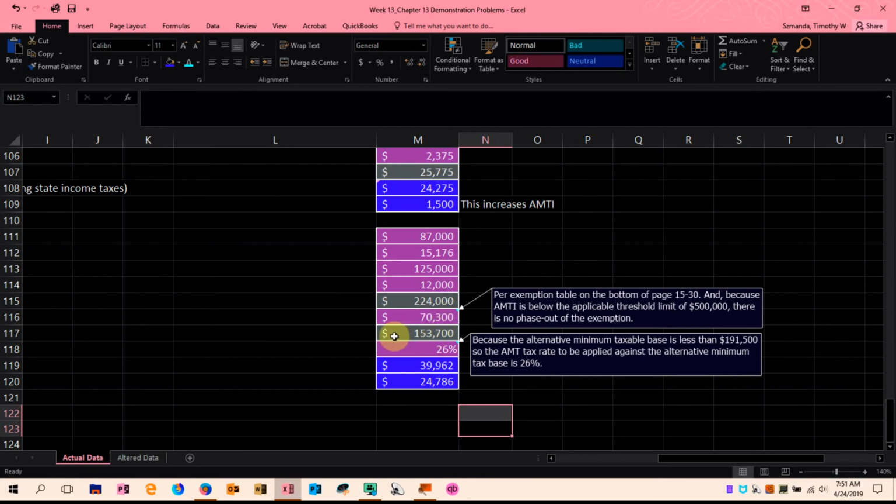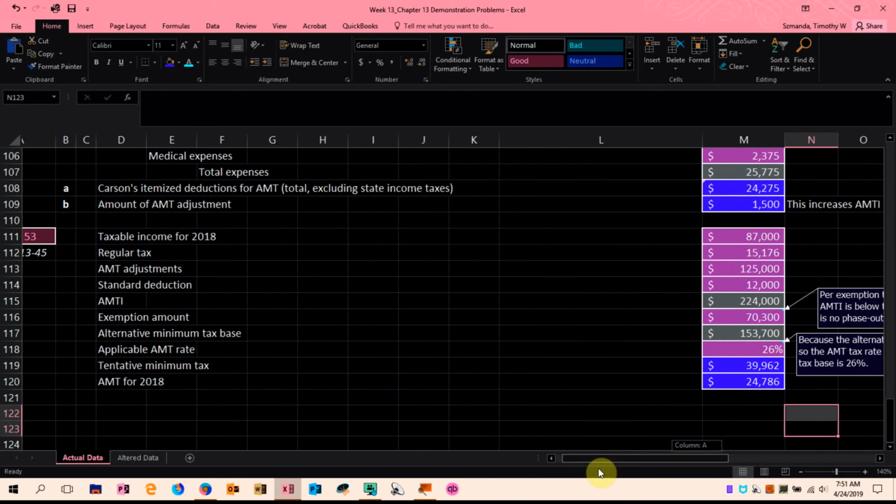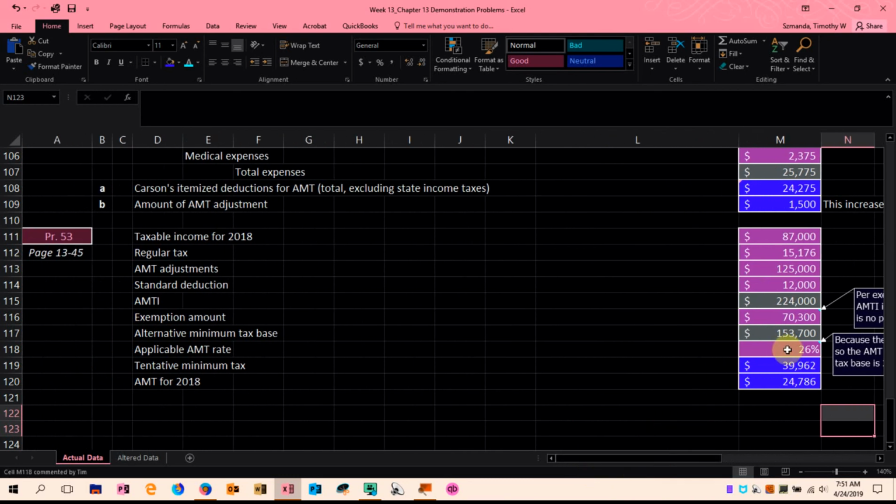So you want to look at the AMT base, which is $153,700. And it turns out that the rate we would apply between 26 and 28% would be the 26%. All right, so you apply that 26% times $153,700, the alternative minimum tax base, and then you wind up with $39,962.